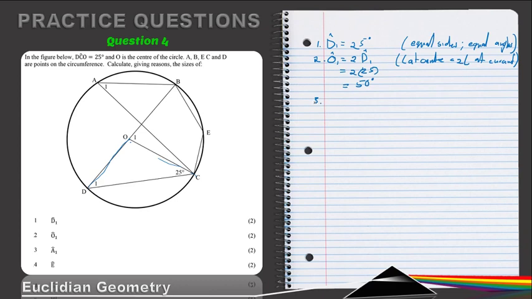Then for 3, A1 over here, we see these two angles are subtended from the same chord, so if this is 25, then this would also be 25. So A1 is equal to 25, and our reason is that angles in the same segment.